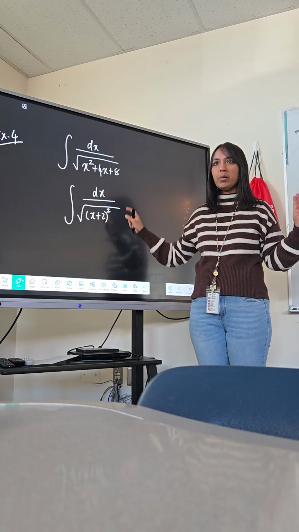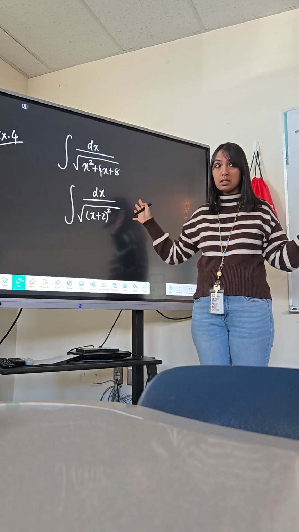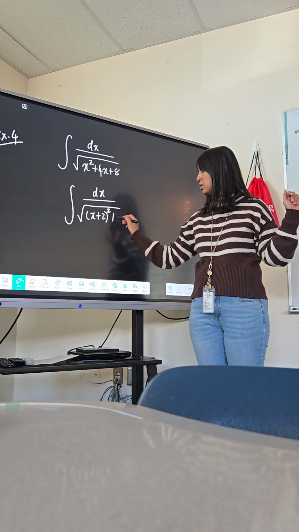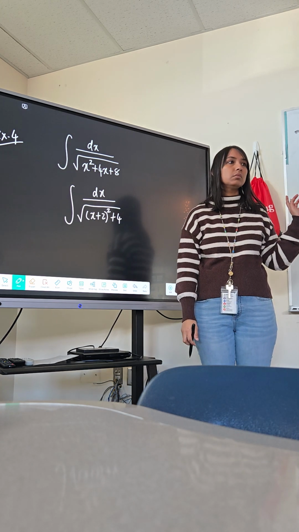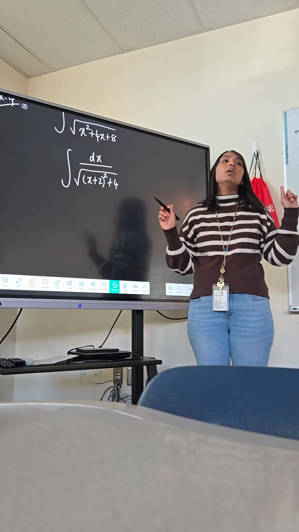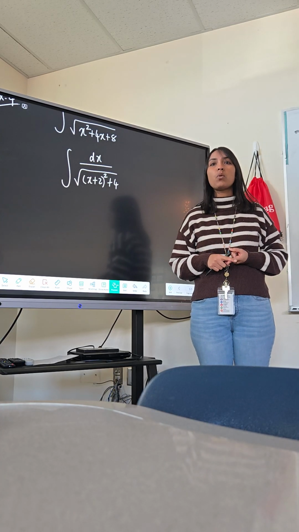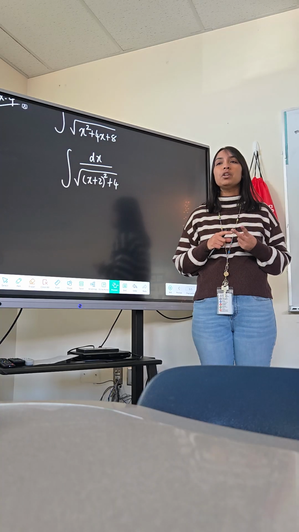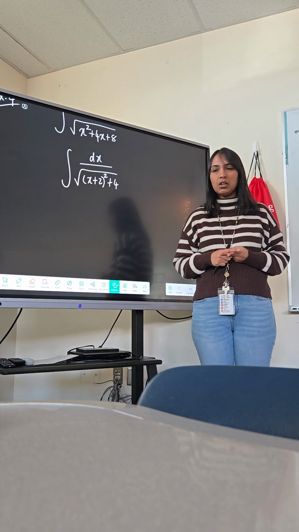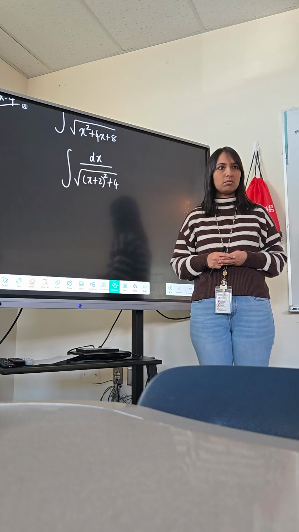That number is then subtracted from the 8, which is 8 minus 4 is positive 4. So plus 4 goes here. Make sure you know how to complete the square inside your head, how to factor inside your head, and how to do U sub inside your head.